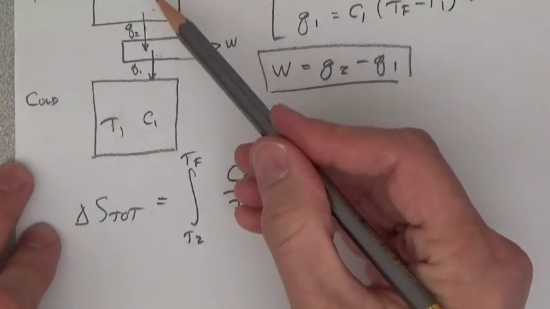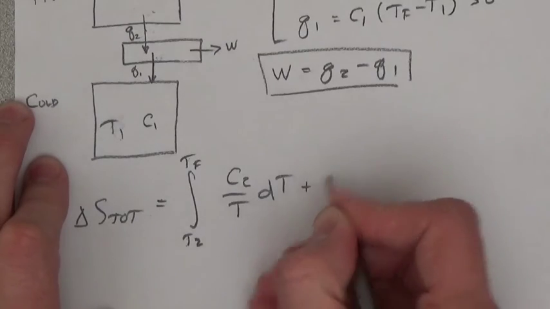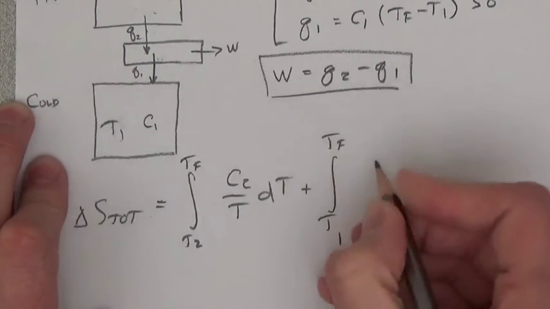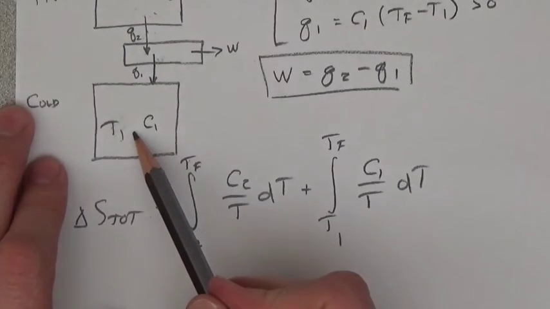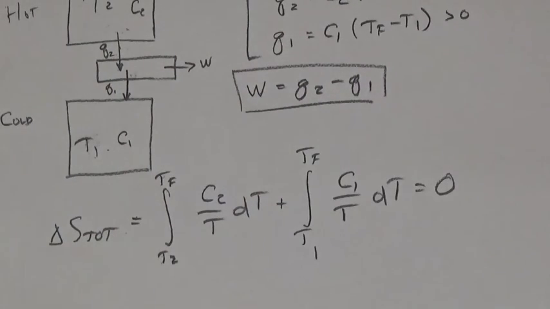That's the change in the second thermal reservoir. And then the integral from T1 to TF of C1 over T dT. That's the change in the first thermal reservoir. Those two together have to be equal to 0.